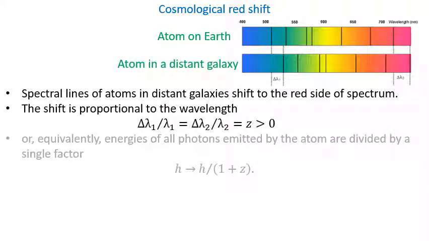Remarkably, the wavelength shift delta lambda is proportional to the wavelength itself, so that the ratio of delta lambda to lambda is a constant that is conveniently denoted by z. Equivalently, we can say that energies of all photons emitted by the distant atom are divided by 1 plus z.